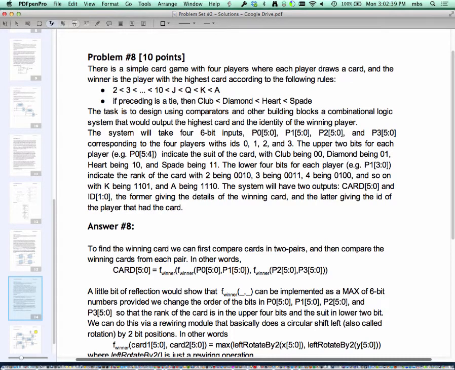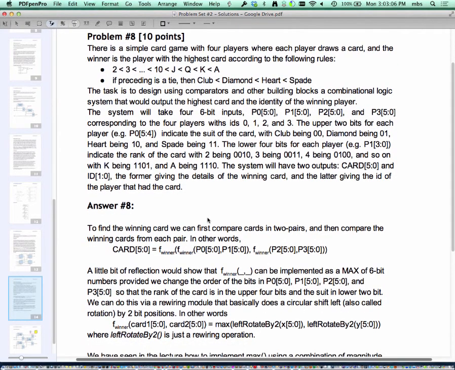And the lower 4 bits, bits 3 to 0, represent the rank, namely whether it's 2, 3 through ace. Ace has the highest value, as in normal cards. The particular assignment I had given was deliberately made to keep life easy. So ace was 1110, 2 was 0010. We were not using anything lower or anything higher than that.